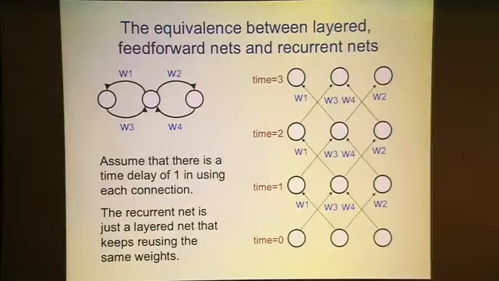Now the problem with those nets, as people may have mentioned, is that the gradients tend to blow up. So if you put in small weights and you backpropagate, by the time you've backpropagated through many layers, you get very, very small gradients. If you put in big weights, by the time you've gone through many layers, you get very big gradients. And that made these nets hard to learn.